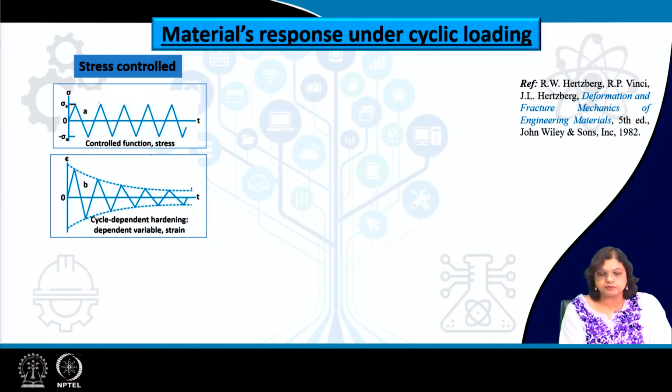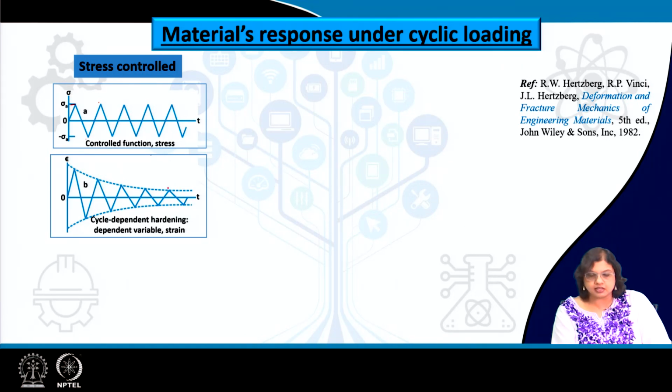So, please remember that we are still applying the same magnitude of load, in this case both positive and negative load of the same magnitude every cycle. Ideally we should have obtained the same value of strain at every cycle, but we are not seeing that; rather the strain is reducing at every cycle in this case. So, this is a typical example of cyclic hardening.